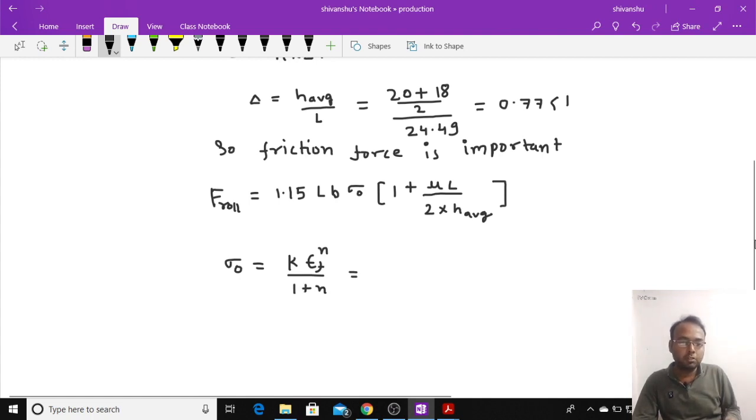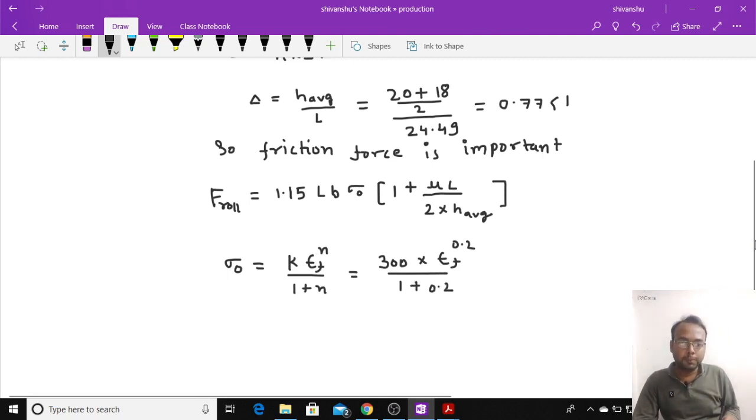This is equal to K, which is given as 300 megapascal, multiplied by epsilon F, which we need to find, to power n, which is given as 0.2, divided by 1 plus 0.2.